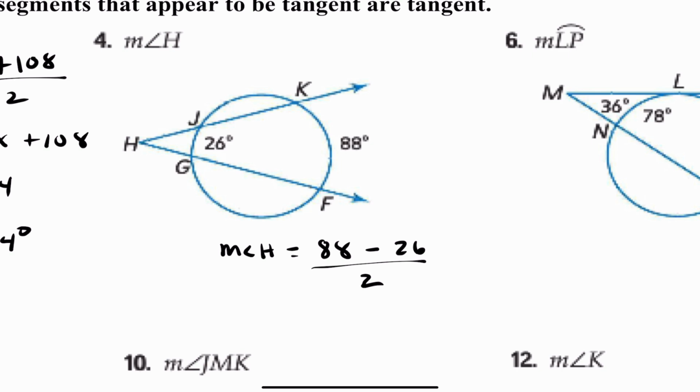And I'm going to put 88 minus 26 in the calculator. So that's 62 over 2. So 62 divided by 2 is 31. So the measure of angle H is 31 degrees.